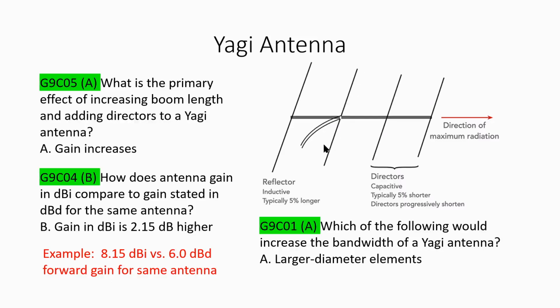You're 2.15 dB stronger than that isotropic point, because you're focusing the energy in two directions. In this gain antenna, these other elements further focus it. So you want to always look for the dBd indicator.